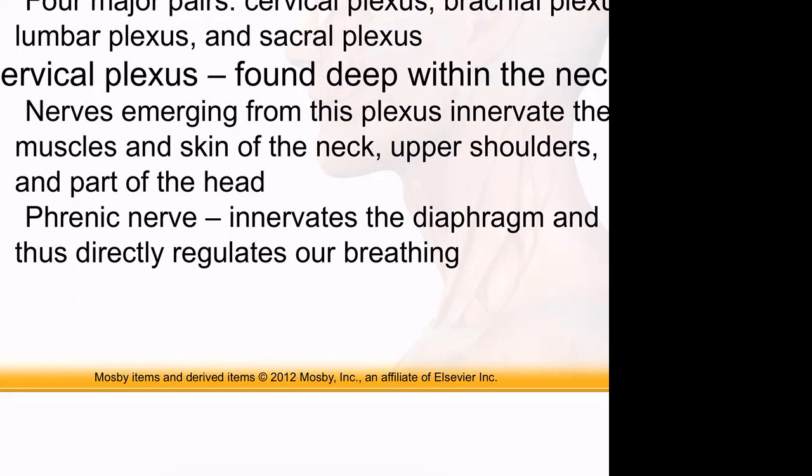Remember, the diaphragm is the dome-shaped muscle that separates the thoracic cavity from the abdominal cavity. Because it is a muscle, it's going to do what muscles do, which is contract, become shorter. Because it is dome-shaped, when it gets shorter, it's going to become flatter. It's not going to completely flatten out, but it goes from dome-shaped to being less dome-shaped.